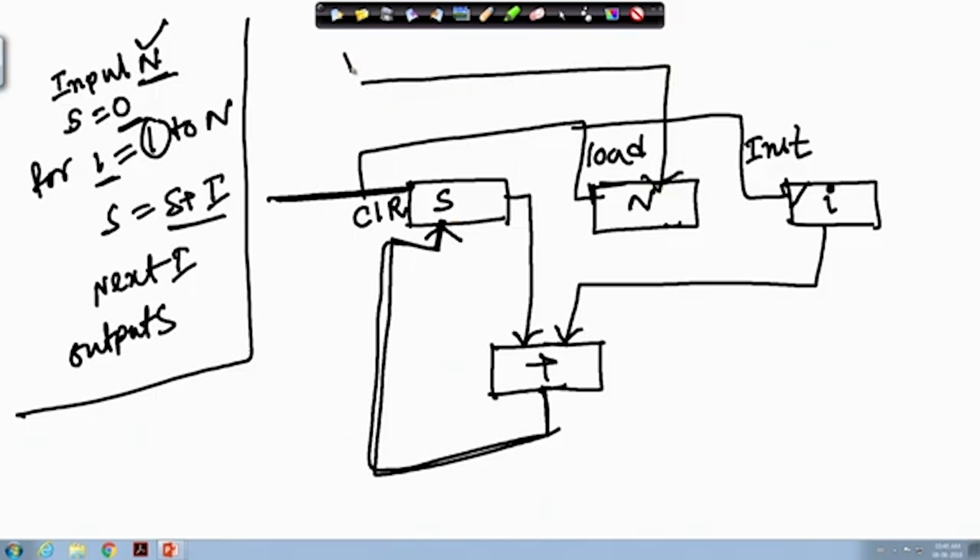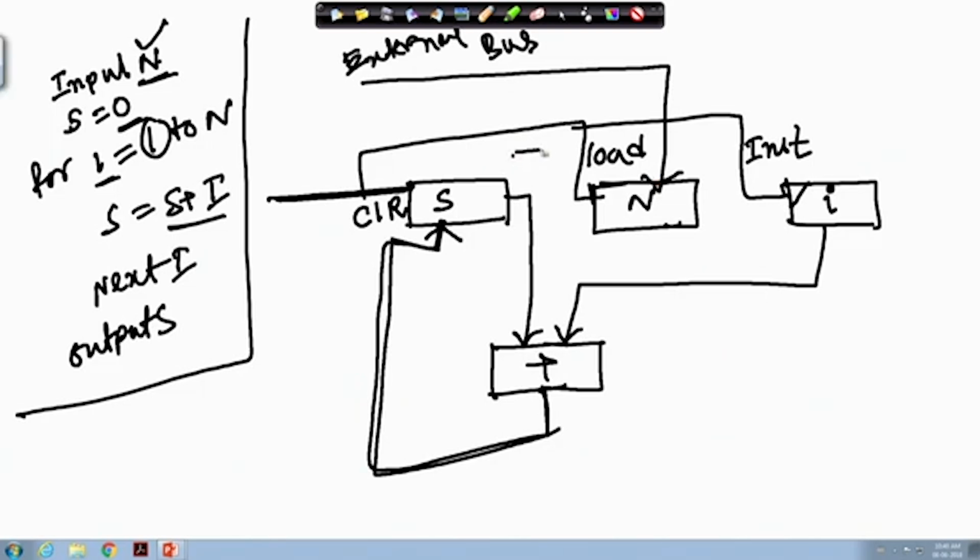This is the external bus, so I can load the value of n from the external bus only. And whenever this job is finished, I need to deliver the output to the external.